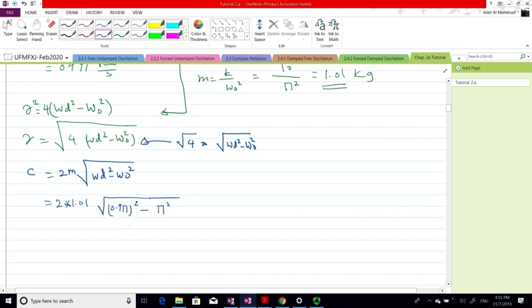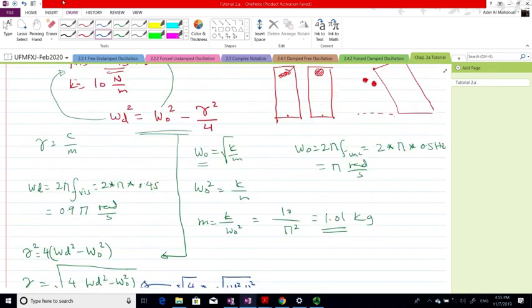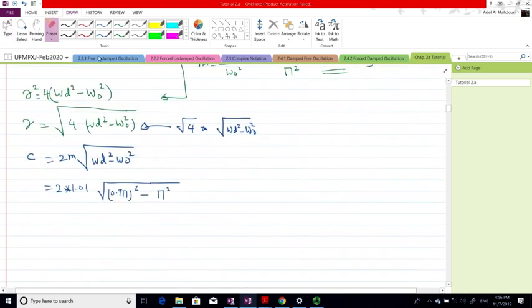Minus or plus? So you'll get a negative value in here, isn't it? Sorry, it's the other way around. This one will move to this location, and this one will go to the other side. So you will get omega naught minus omega D. Okay.